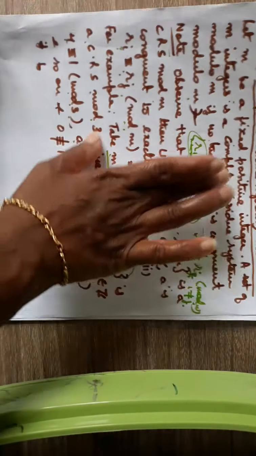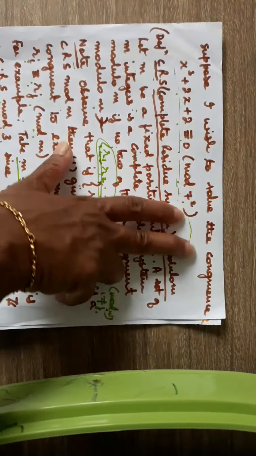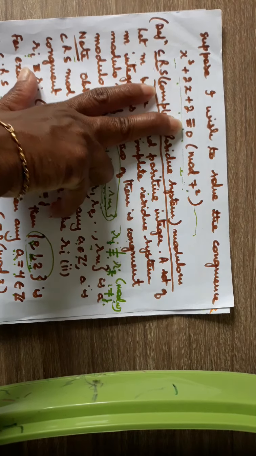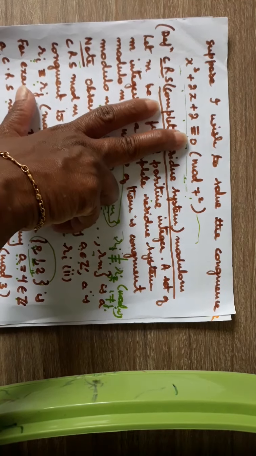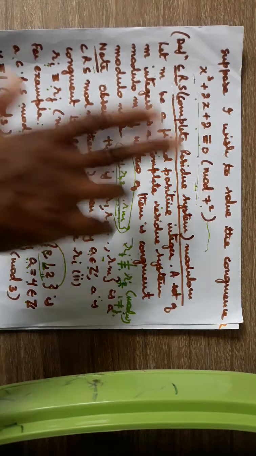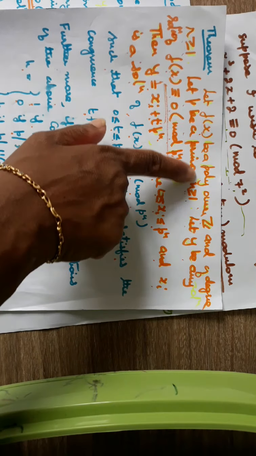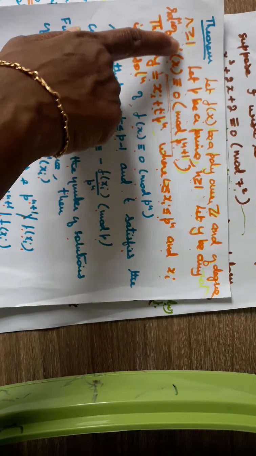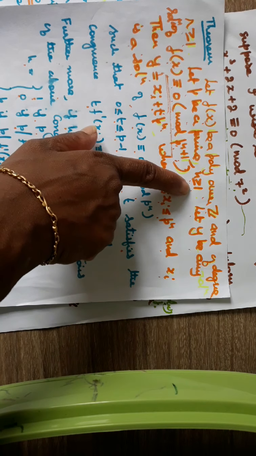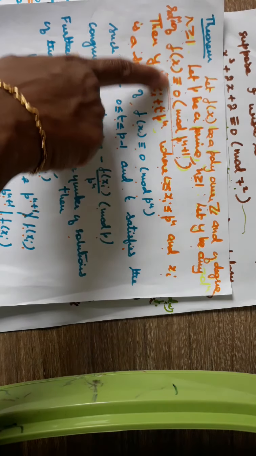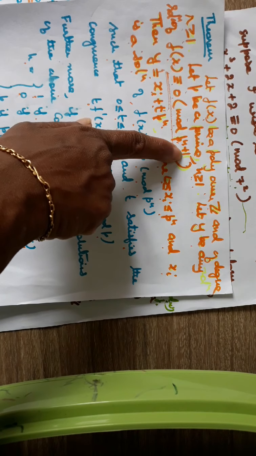With the help of this definition, I am going to solve the problems on the solution of congruence modulo prime power, for example, this one, x cubed plus 2x plus 2 congruence modulo 7 squared. Based on yesterday's theorem, what does the theorem state? Let f(x) be a polynomial over the set of integers of degree r greater than or equal to 1, let p be a prime, n greater than or equal to 1, and let y be any solution of f(x) congruent to 0 modulo p to the power n.